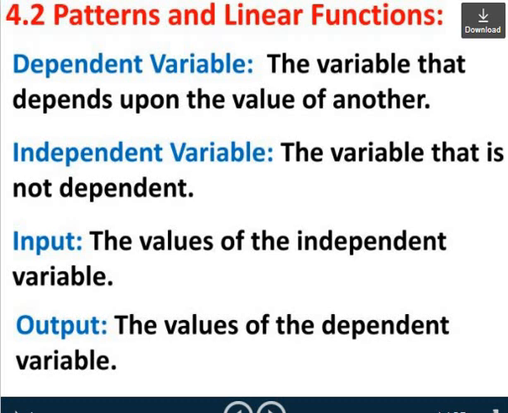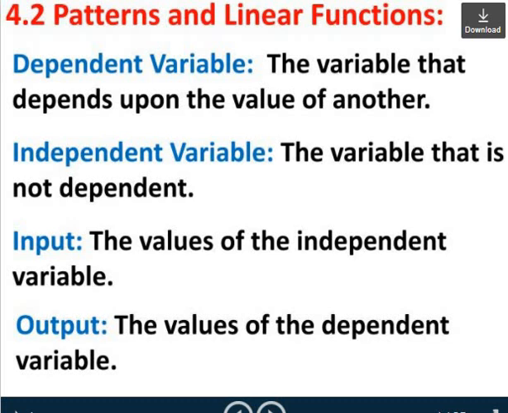Now, remember that the input is the values of the independent variable, and the output is the values of the dependent variable. If you remember, we spoke about it when we sketch a graph, and we spoke about tables.